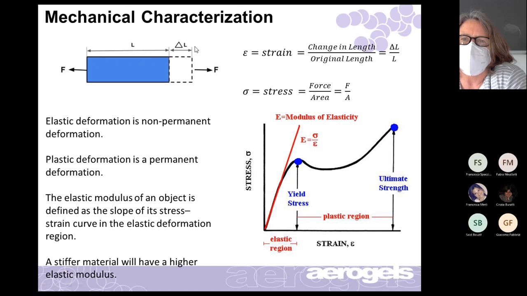So if its original length is L, we pull on it with force F, and it stretches out by a distance delta L. We can calculate the strain, which is the change in length over the original length. So that is what we define as strain.